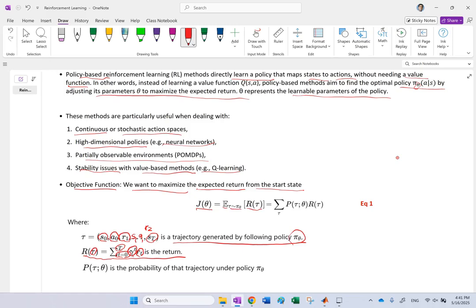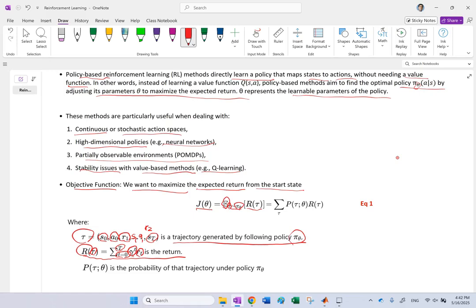So all of this, if we put it under trajectory tau, then the cumulative return for this trajectory tau is what we want the expected value of to be maximized when my trajectory is formed with policy pi. Okay?